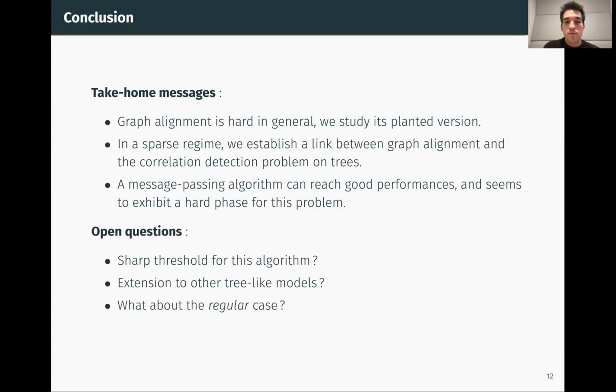As you saw, this phase diagram is still not totally clear. So one of the open questions may be, is there a sharp threshold for this algorithm to succeed? Can we be more precise on the exact regimes where this algorithm succeeds? And we believe that this approach can be easily extended to any tree-like graph models.